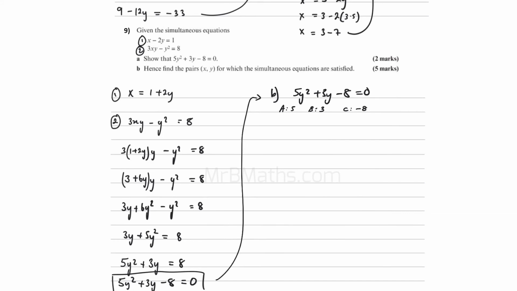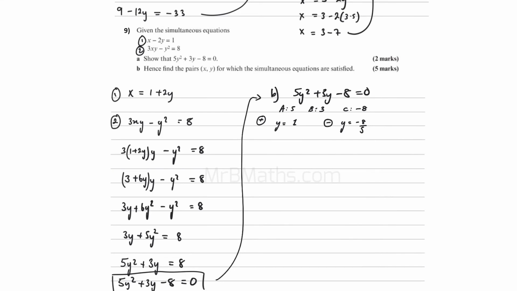So using the formula, we get a value of y as 1. And this is when we add the root. Okay, and we get a value of y equals negative 8 over 5 when we subtract the root. Now obviously I've done a bit of a shortcut here. If you're going to do the formula, make sure you write the full formula, okay, and you can also factor this as well and find the solutions that way.